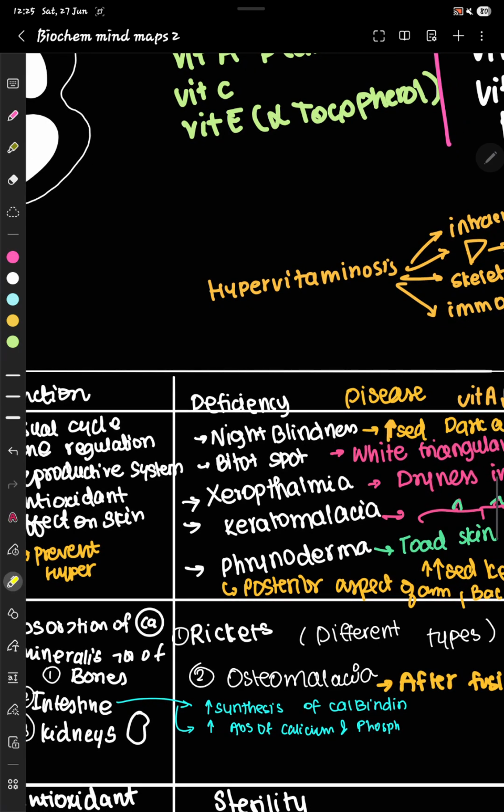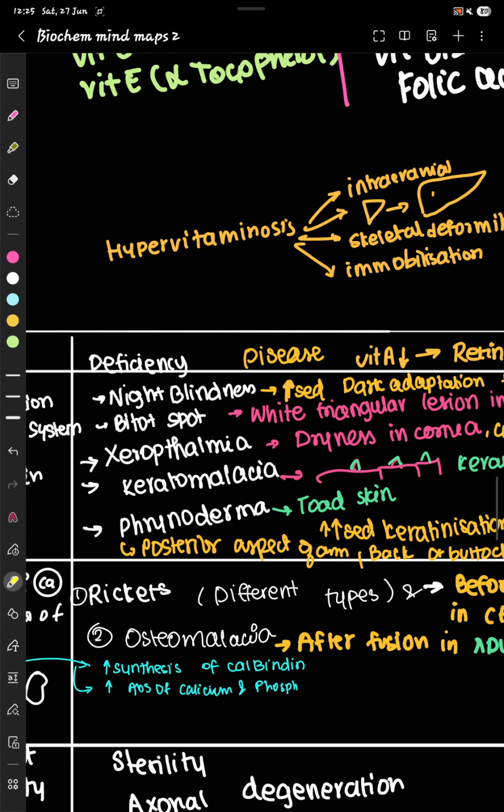Right, now what are the deficiencies? First, when there is increased dark adaptation time, there is a manifestation of night blindness. Night blindness is characterized by increased dark adaptation time, and the person will not be able to see things at night.